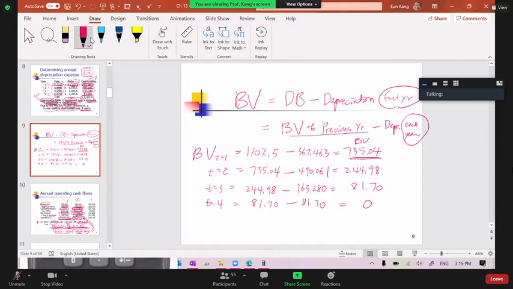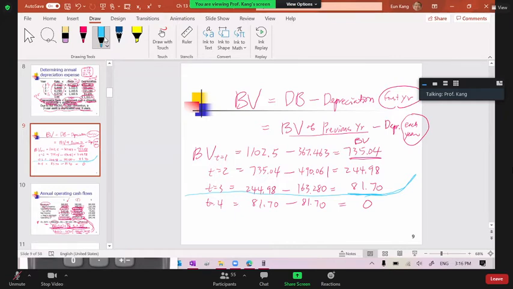Because there's no salvage value, book value will be 0, right? But they operate for 3 years. At the end of 3 years, book value is 81.70, right? So that is how to calculate book value.